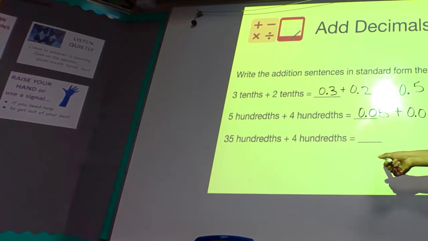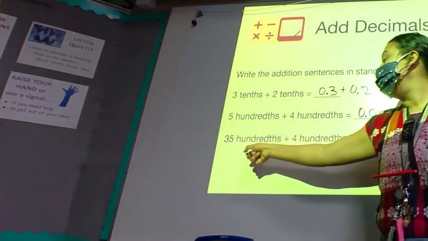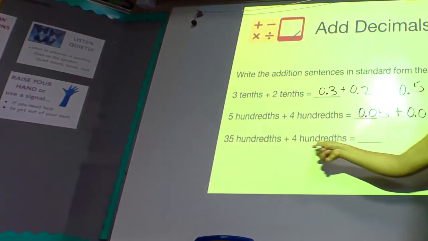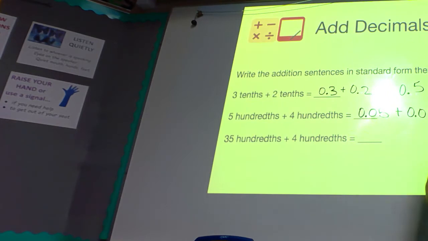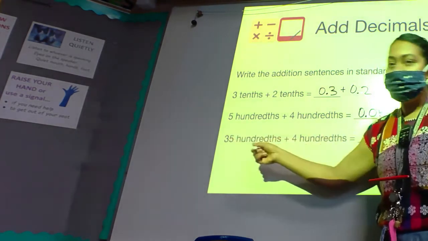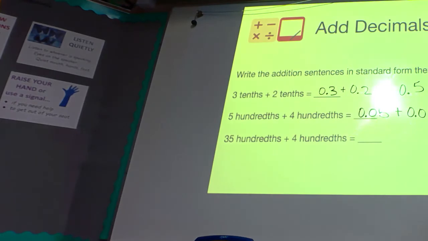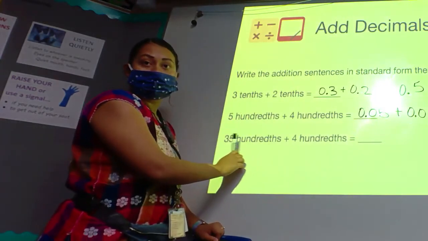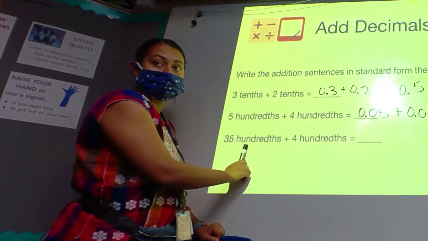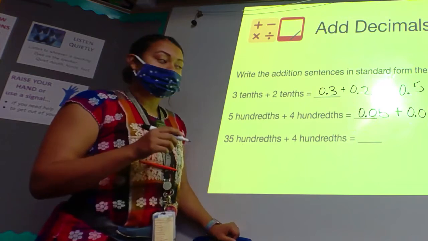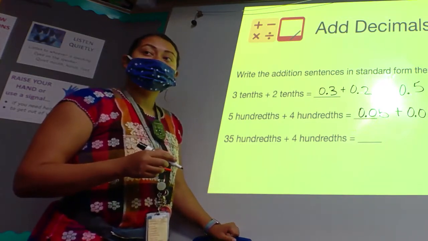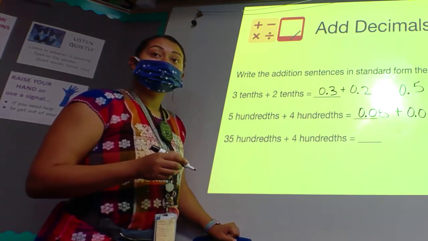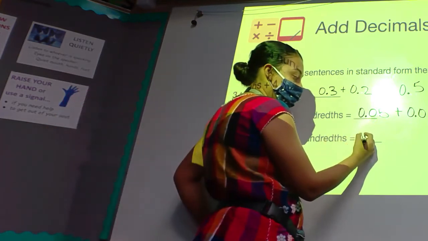Okay, last one on add the decimals. Ready? 35 hundredths plus 4 hundredths. So first, let's write 35 hundredths in standard form. So that means this last digit needs to end in the hundredths place. So what does that look like? Do we have any ones?